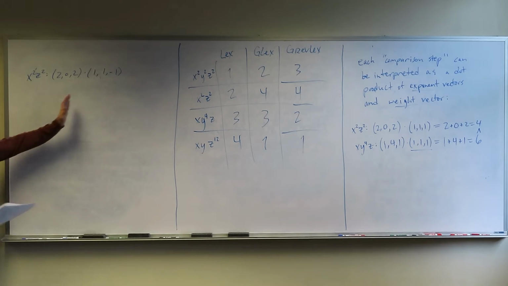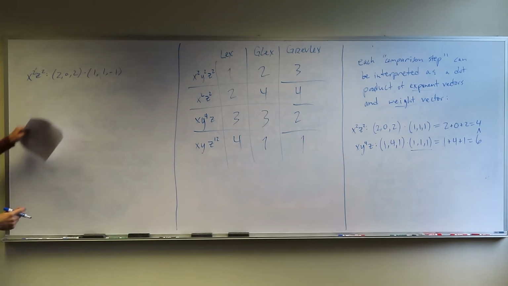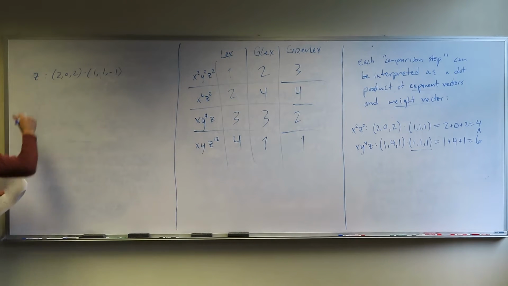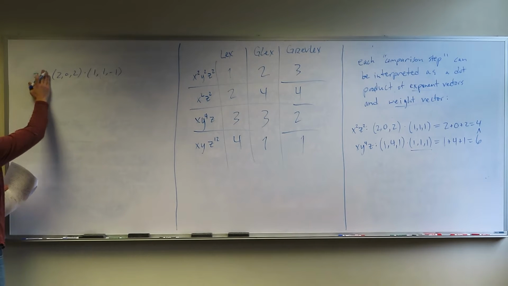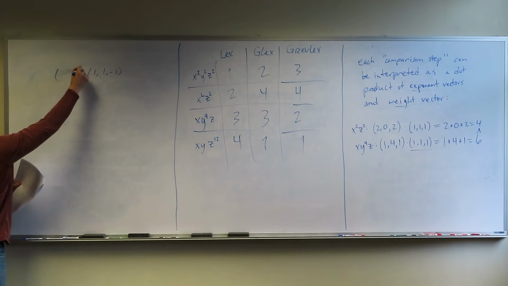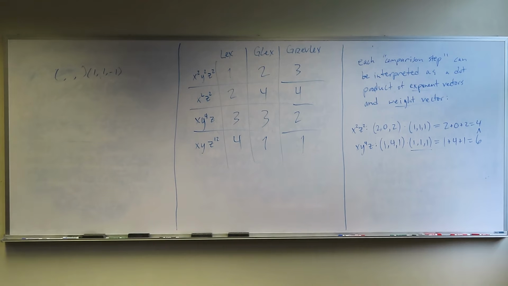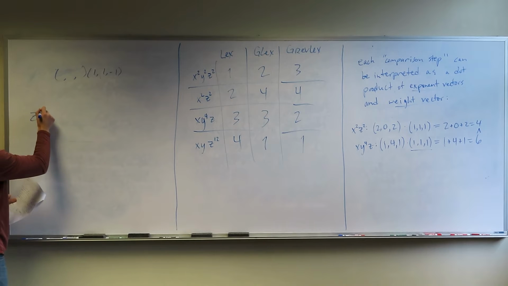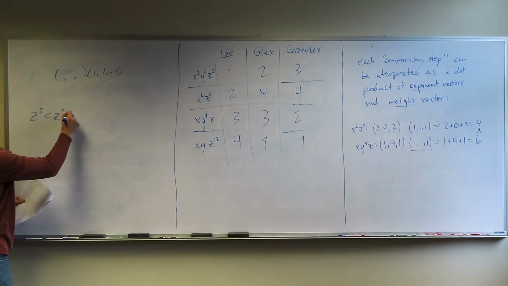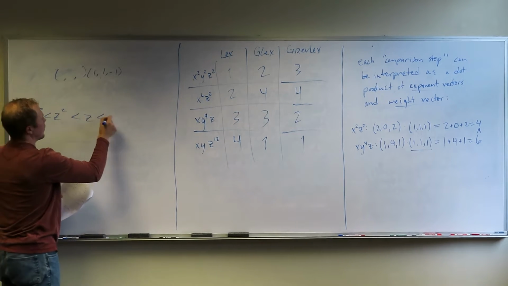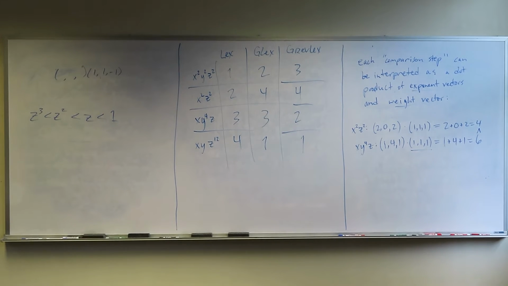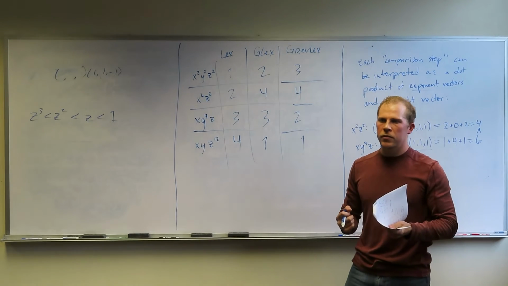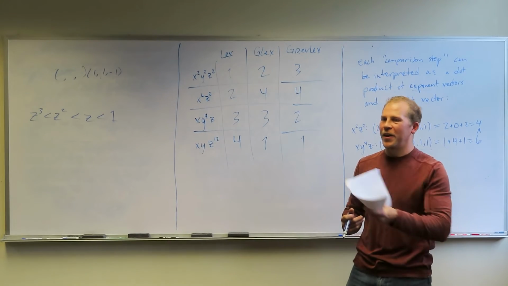The problem with putting in a negative here is that, for a general monomial, if I have just z to some power, and I take something here and dot it with 1, 1, minus 1, it's going to order the z things badly, meaning that somehow z to the third is going to be less than z squared, which is going to be less than z, which is going to be less than 1, and we can't have that. So in these weight vectors, we require that all of the entries are positive. Not negative. Not negative, thanks.